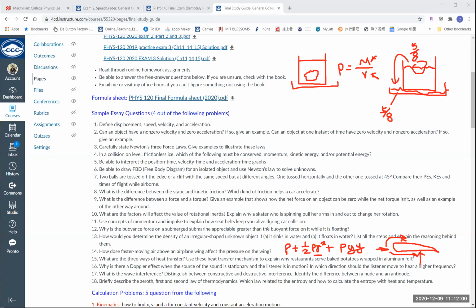Oh, radiation, yeah. So then we want to explain why restaurants serve a baked potato with aluminum foil. What kinds of heat transfer can you think of from this situation? From baked potatoes?